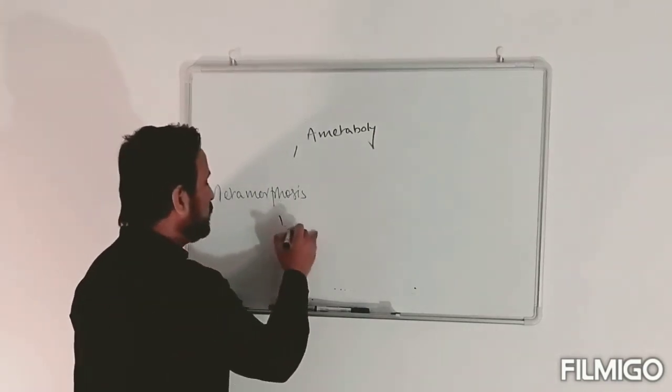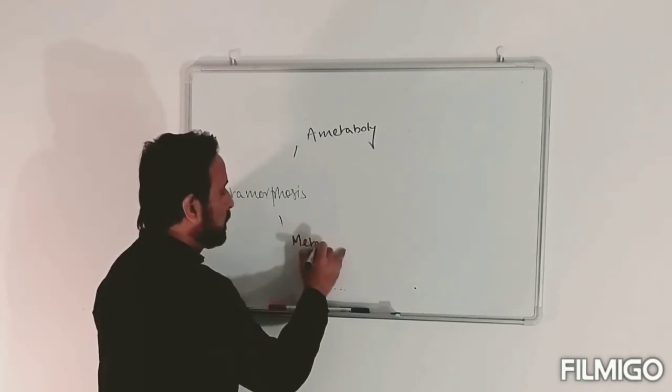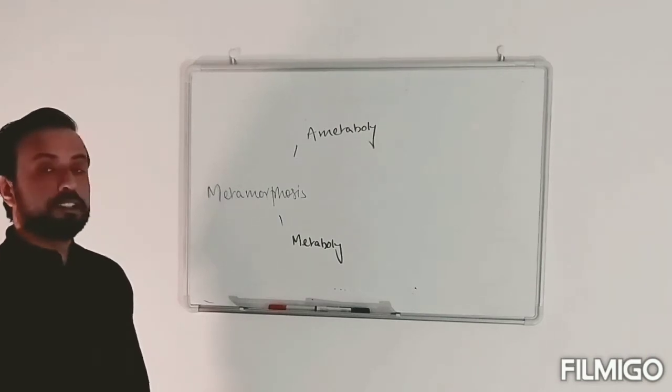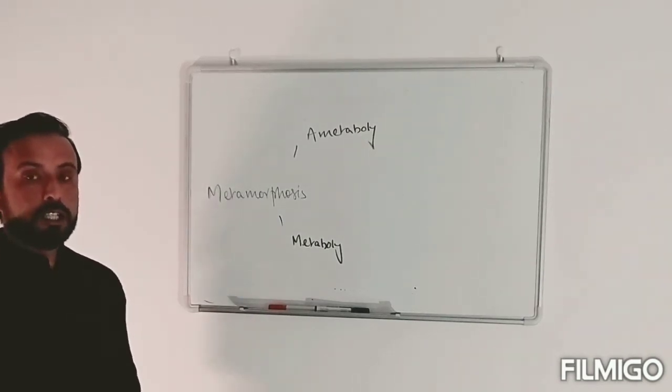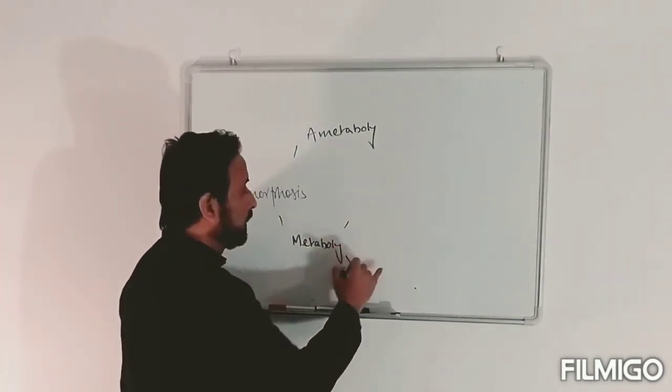And the other one will be called metabola, which show the metamorphosis. Now, in metabola also, there are 2 categories.